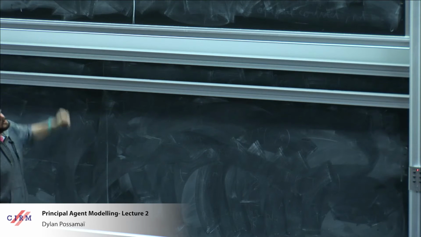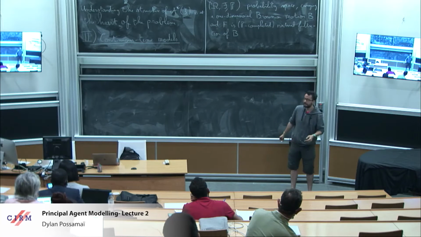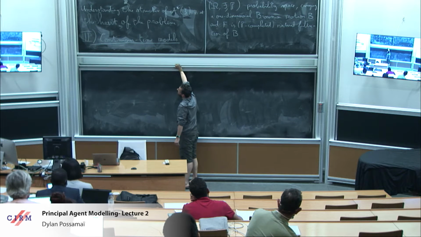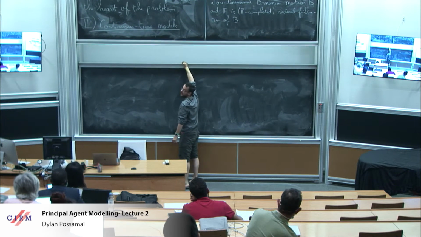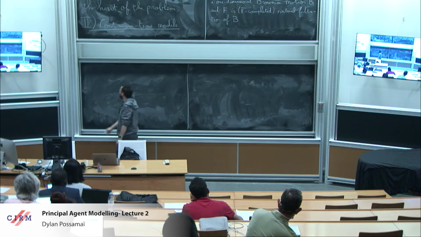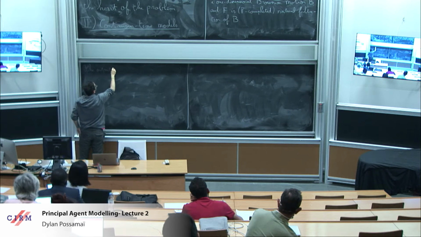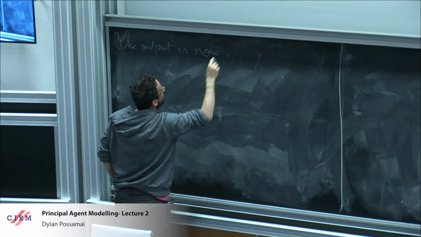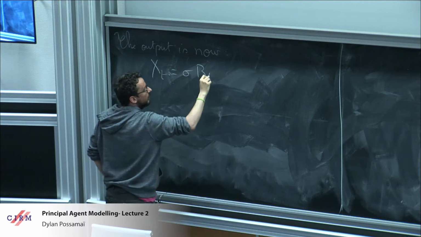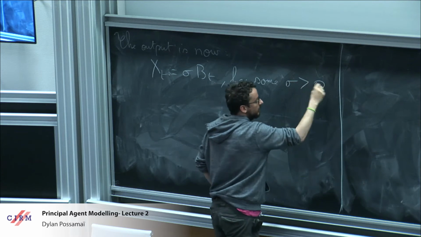So if you remember what we did in the static case, I started by defining the output, and then explaining to you how efforts made by the agent were having an impact on the output itself. So the output, now this is simply going to be X_t equals sigma B_t for some positive sigma.